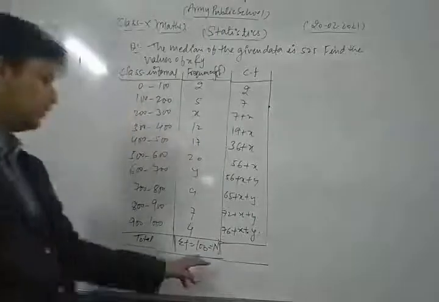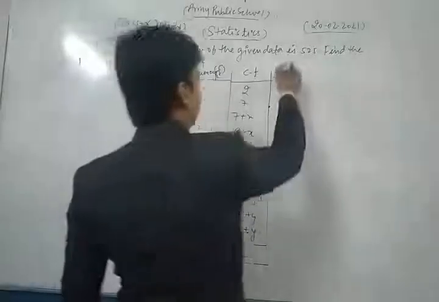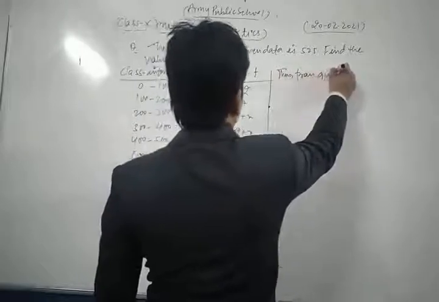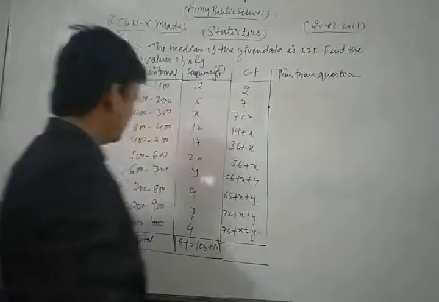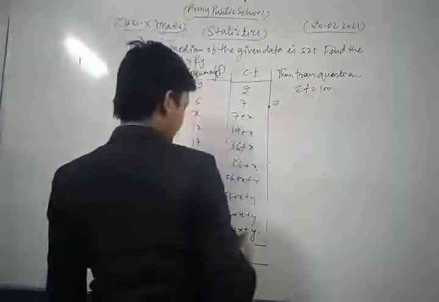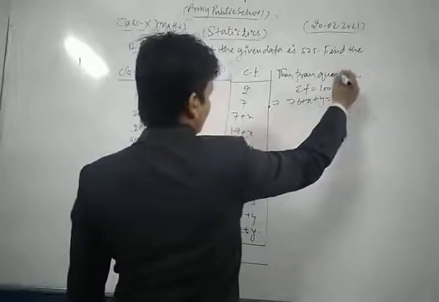Now this is the sum of frequency from the given question. Thus, from the question, sigma f is 100, so we write 76 plus x plus y is equal to 100.